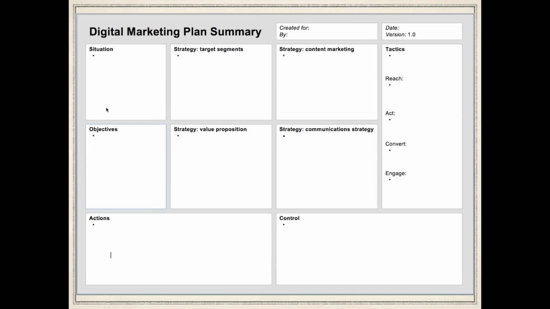The far right side, you see the box that says tactics. The tactics talk specifically to what methods you're going to use to carry out this plan.